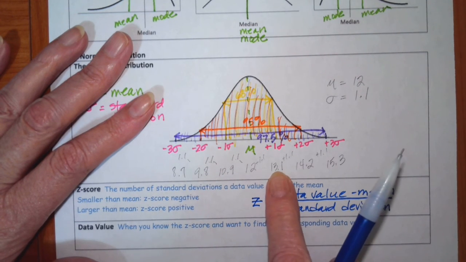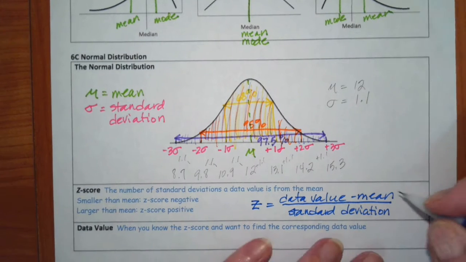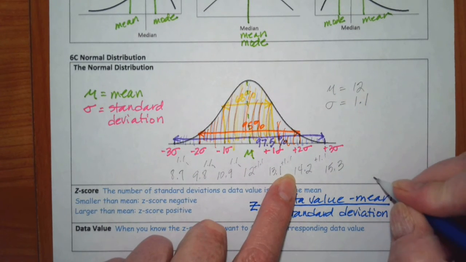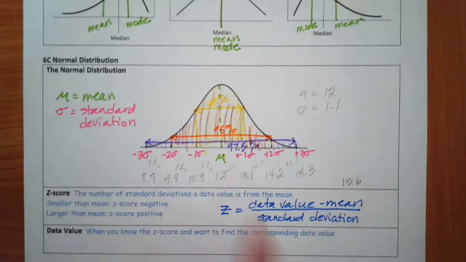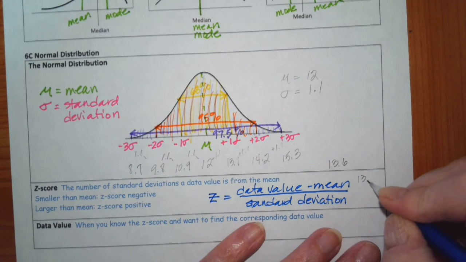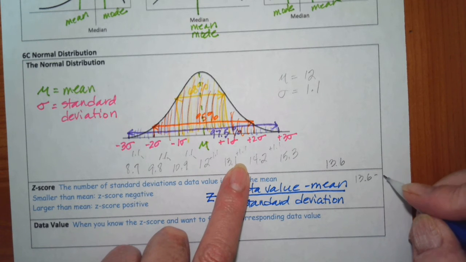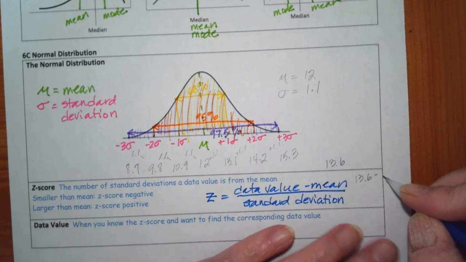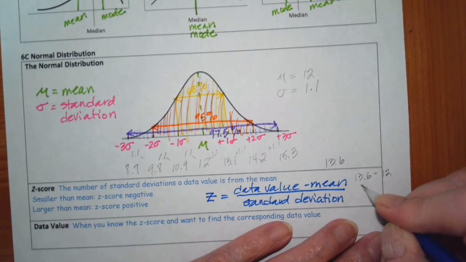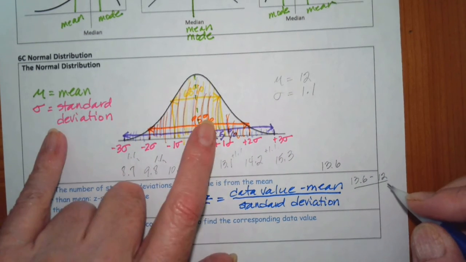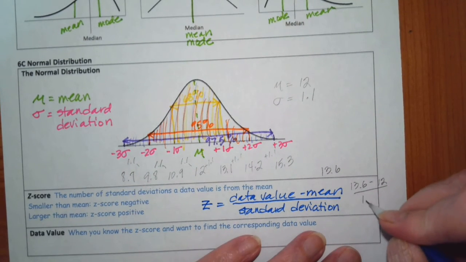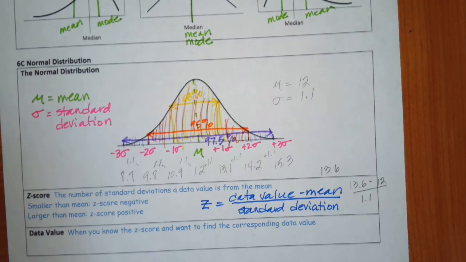So just to show that, say for example, you have a data value of, let's call it 13.6. If I do 13.6 minus 12 and divide it by the standard deviation, which in this case is 1.1, that will tell me where this falls.